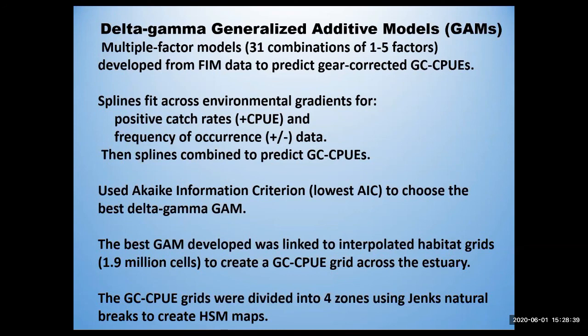So we're clumping the data from low to high abundance, if you like, based on the differences in the grouping of the low to high abundance zones. So it's a way of breaking up your continuous data into zones, so that we can produce habitat suitability maps. Next slide.